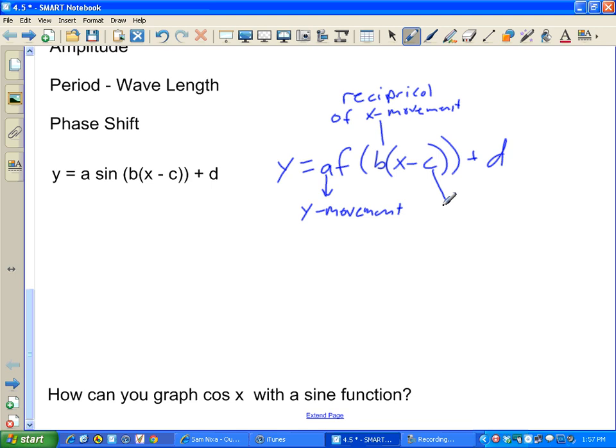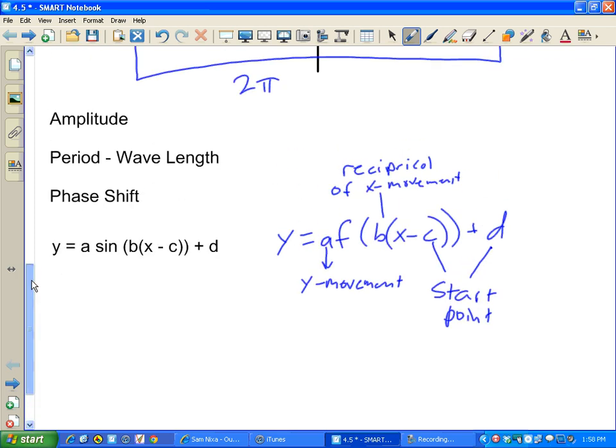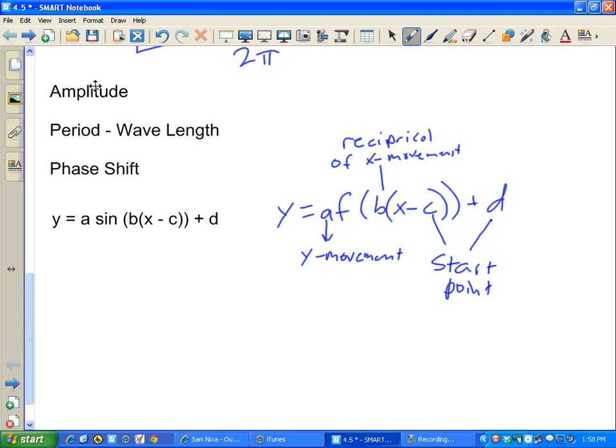C was our, it changes our starting position. So these change our start point. C and D are going to do the same thing in here. But now when we look at A and B, we're going to see what they do to our period and our amplitude.